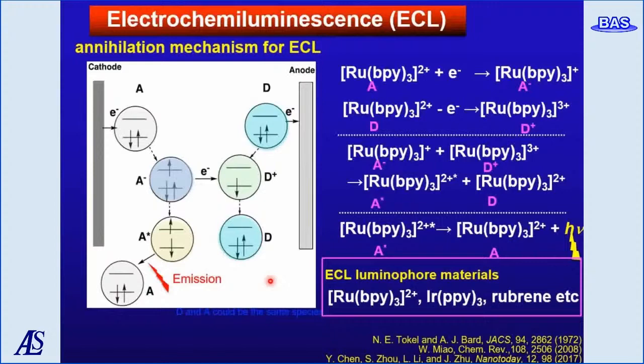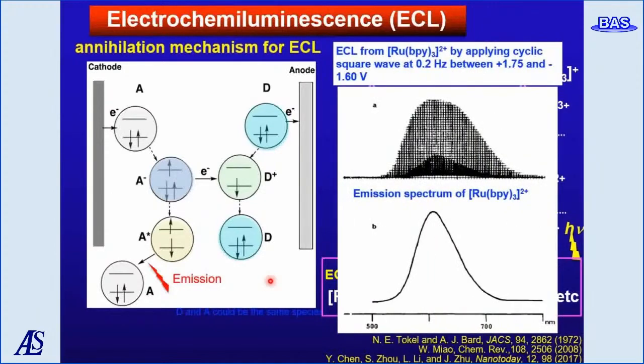This is the emission spectrum measured by sweeping the wavelengths of luminescence emitted, when the potential is alternately applied between plus 1.7 volt and minus 1.6 volt at 0.2 Hz. It can be seen that the bulk emission spectra and electrochemiluminescence spectra coincide.